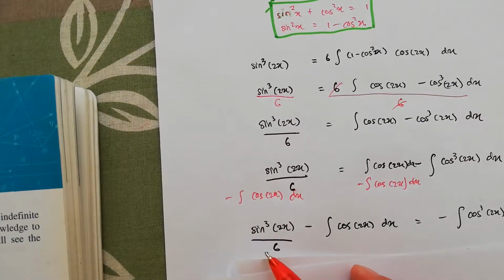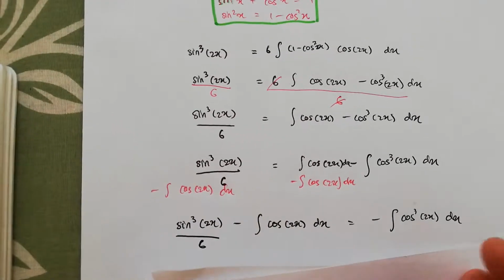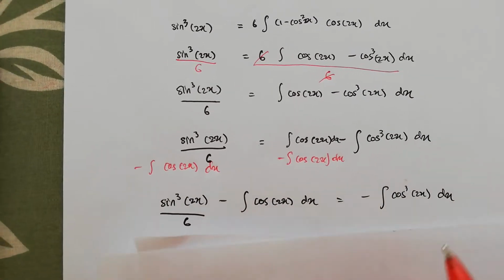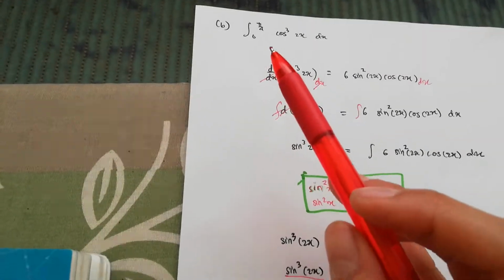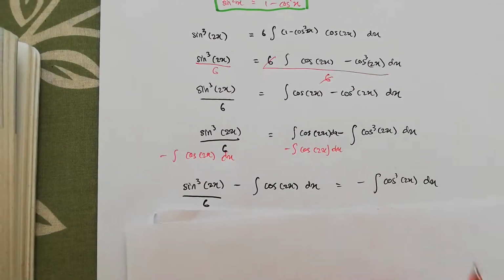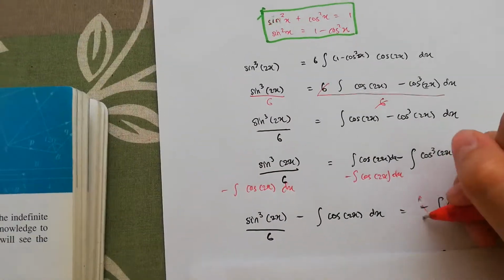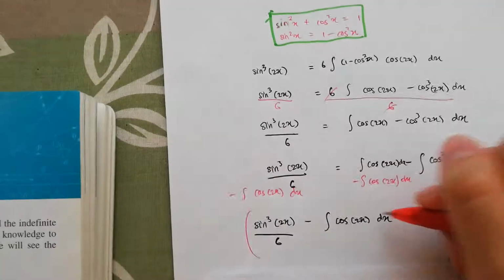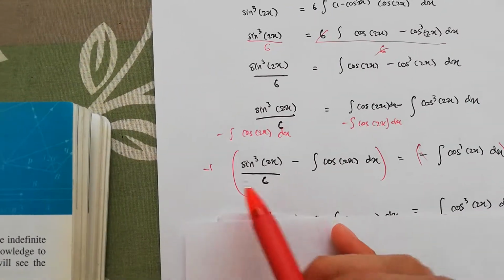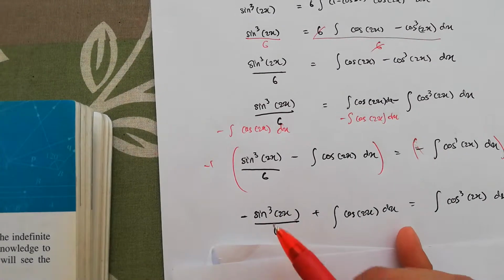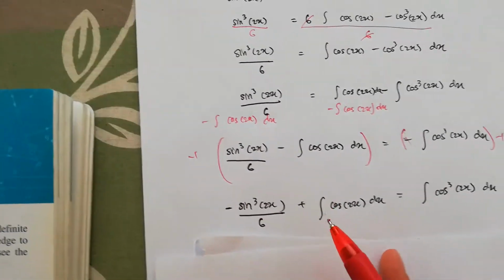So cube of sine 2x over 6 minus this equals this. I want positive, and the question is positive, so you need to multiply with -1 on the left and on the right. Therefore you get negative cube of sine and then positive.